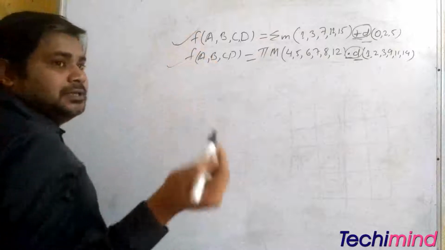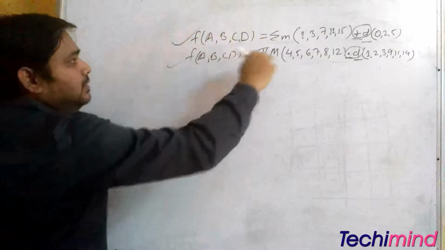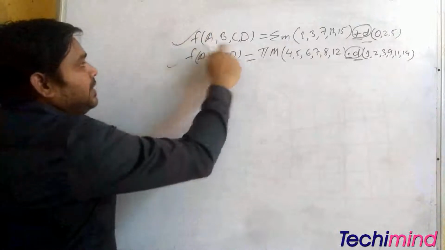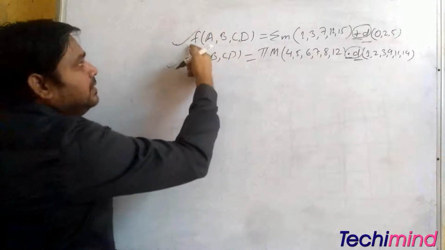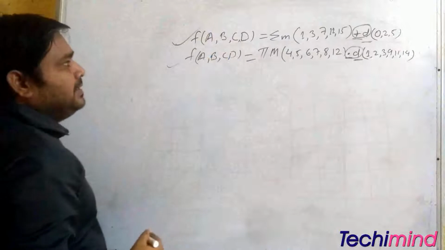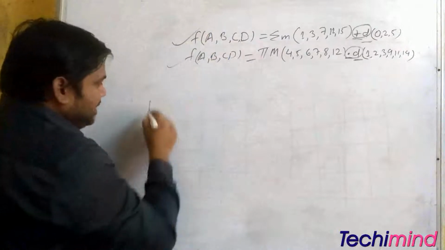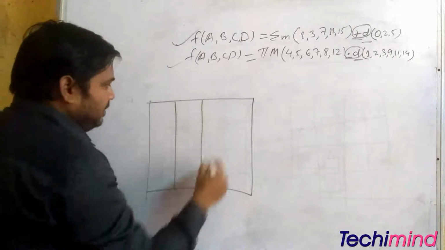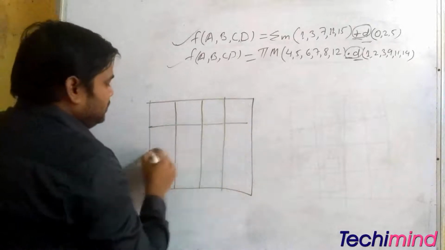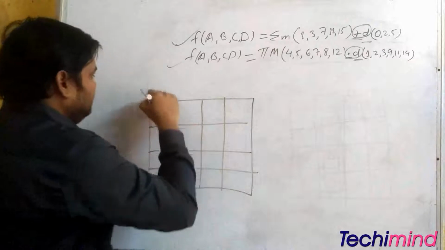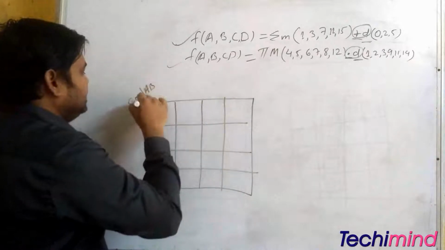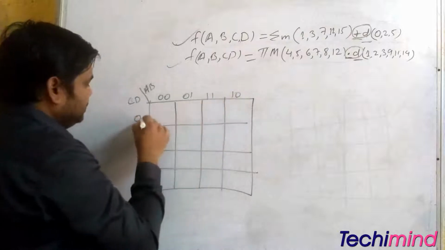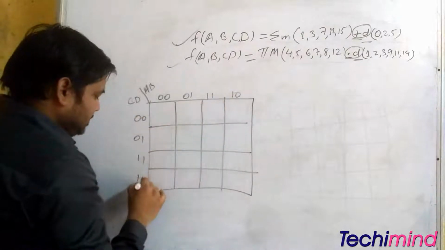So let's first simplify this SOP equation. Here we have four variables, as in there is a function f of a, b, c, d. So let's draw the K-map for four variables. So we have a, b, c, d, 0 0, 0 1, 1 1, 1 0, and 0 0, 0 1, 1 1, 1 0.